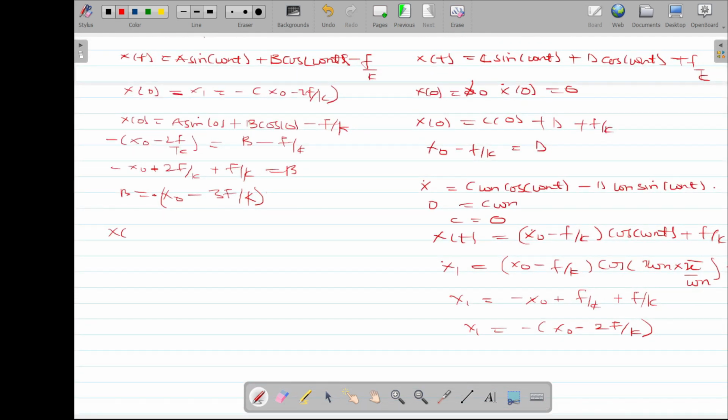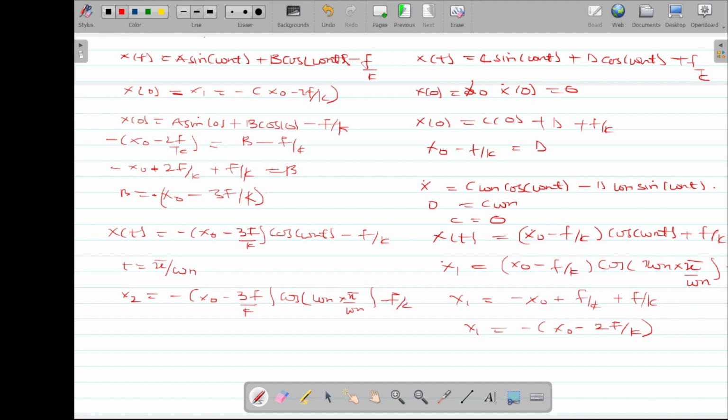So we can say x at any time t for the second half cycle, which is from left to right, will also be equal to minus into bracket x naught minus 3f on k cos omega n t minus f on k. Now, when the body has moved at t equals pi over omega n to complete the other half cycle to give us a full cycle, the displacement, let's label it x2, will be equal to minus into bracket x naught minus 3f on k cos omega n times pi on omega n minus f on k.